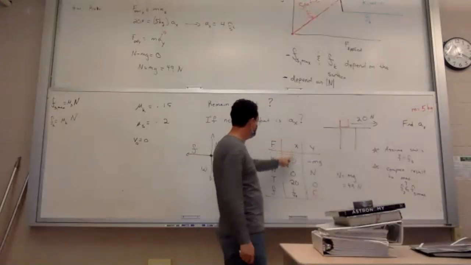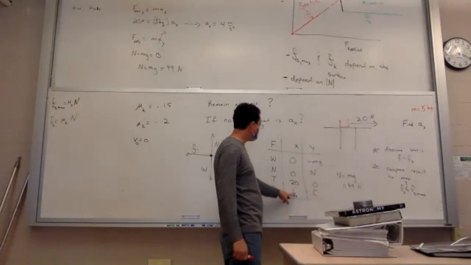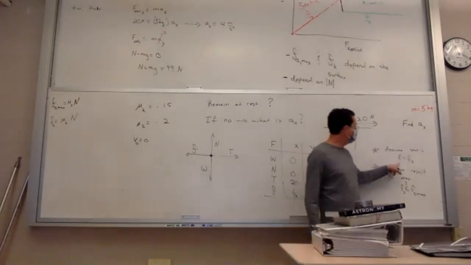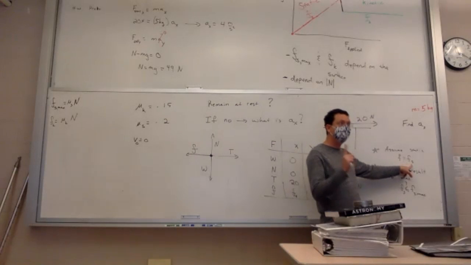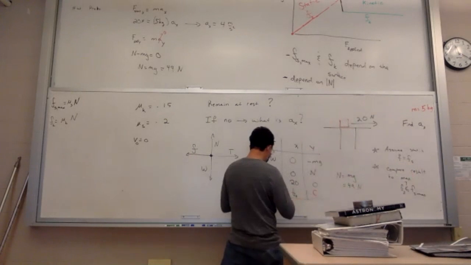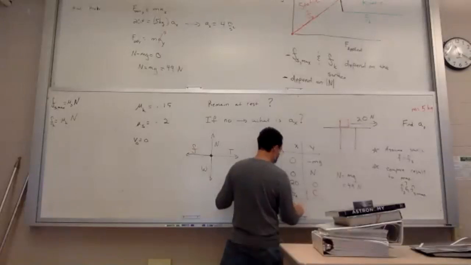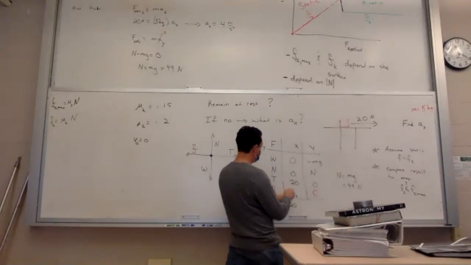Now, what about this one? We are assuming that it's static. If it's static, what's the acceleration in the x direction? 0. So we're going to assume it's static, and just to be careful here, the minus signs have to be watched.